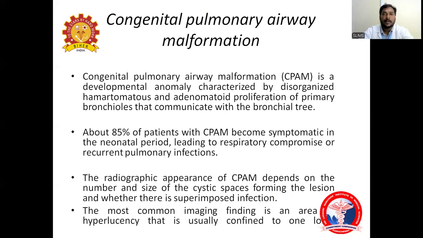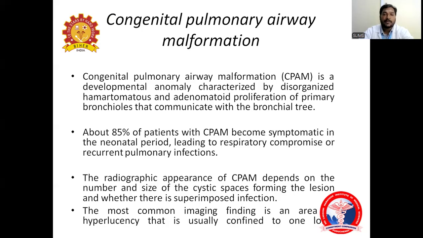Coming to congenital pulmonary airway malformation, shortly called CPAM, it is a developmental anomaly characterized by disorganized hamartomatous and adenomatoid proliferation of primary bronchioles that communicate with the bronchial tree.